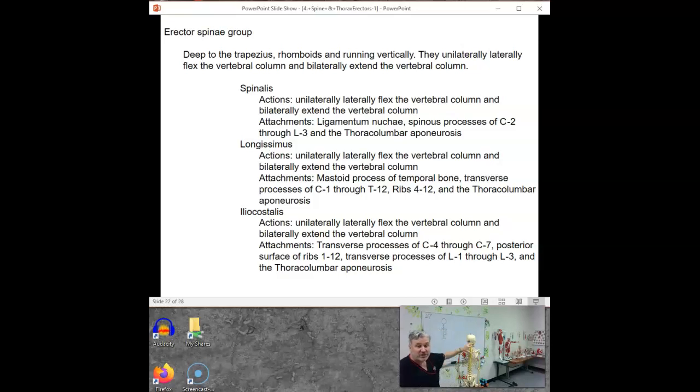And so when we want to talk about the muscular tree of the spinalis, we could just say it attaches spinous processes of C2 to L3 in the thoracolumbar aponeurosis. That lets us know it runs right down the back on both sides, attaching these spinous processes, and it goes all the way down the thoracolumbar aponeurosis. That's it. Does that make sense?